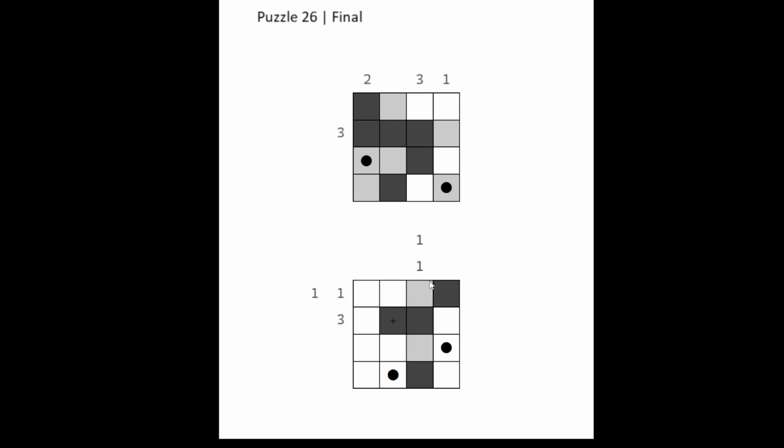Okay, this one has to be there. Surely these have to be white, right? Like we know that. And then I think to make this black one connect, I think we're doing that. Hmm.